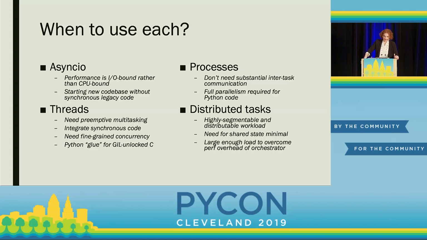Threads are great when you need preemptive multitasking, that is, when you need tasks to be able to interrupt other tasks. When you need to integrate existing synchronous code that explicitly waits for operations to complete from the operating system. When you need fine-grained concurrency, like tasks working together with each other simultaneously without yielding out to an event loop.